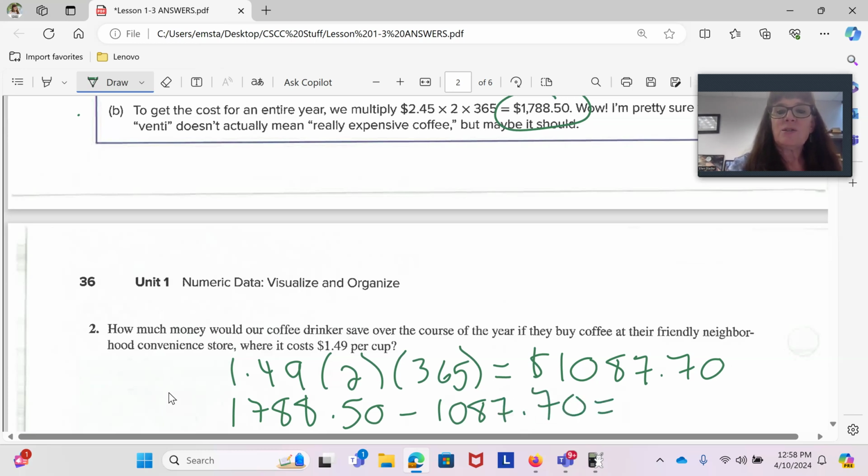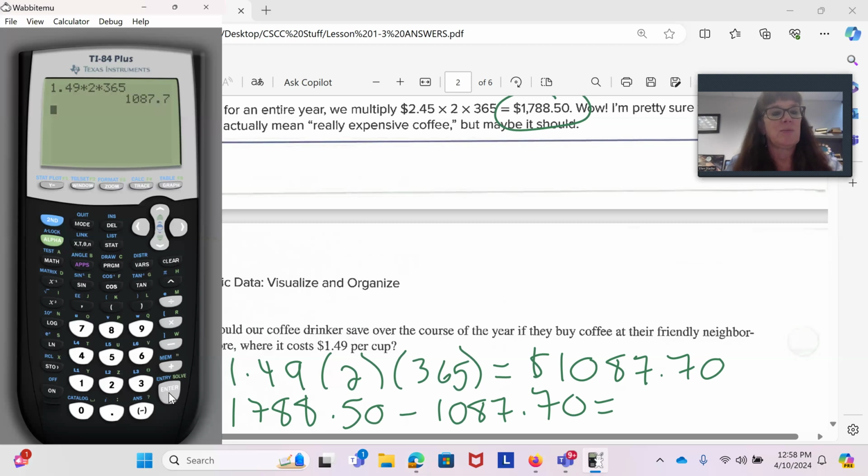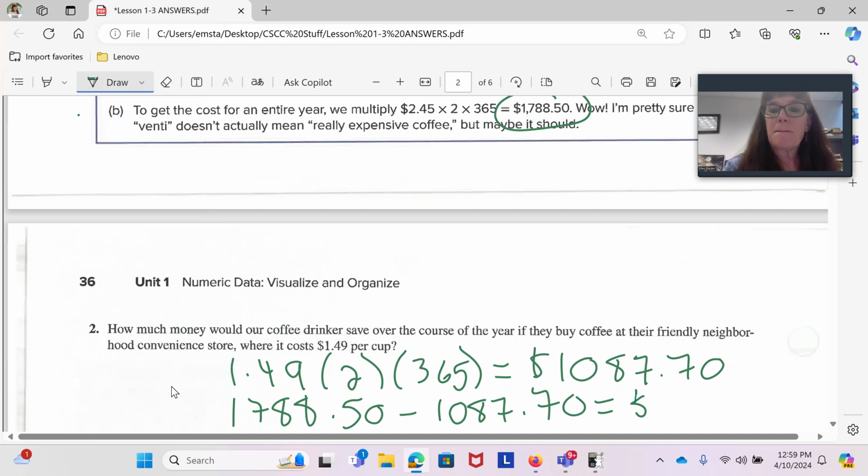And we can again do that on our calculator. The $1,788.50 minus the $1,087.70. The difference is $700.80. So by buying slightly cheaper coffee, we can save a lot of money.